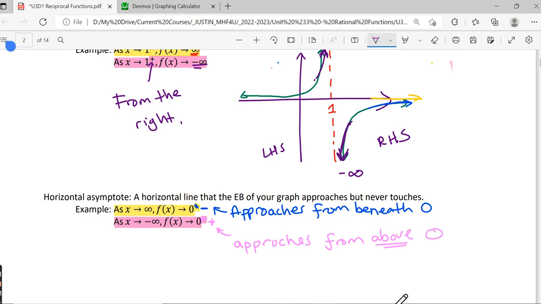Okay, so does that make sense? As x becomes very, very small, which means it's shooting to negative infinity, then our function, sure enough, does approach 0, but from above 0. Okay? So that's how we would write the notation.